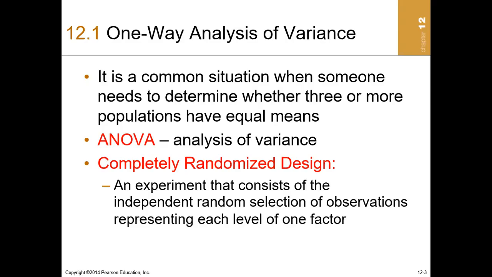Now, the tool used to analyze such a situation is called the one-way analysis of variance, okay? So the part that is called the analysis of variance, you can shorten it and call it ANOVA. So technically, we can name it as one-way ANOVA.